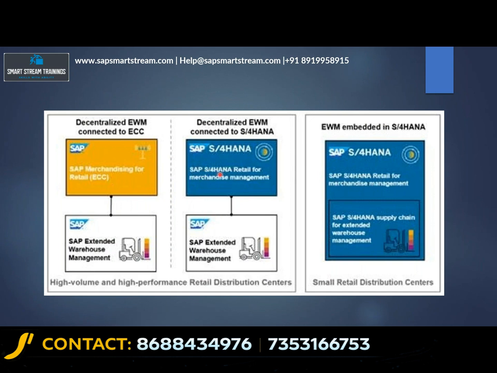There are many reasons. One is high volume and high performance. When we are running retail businesses, in the last project I worked on, we had almost 1 lakh materials, like 80, 90,000 materials.